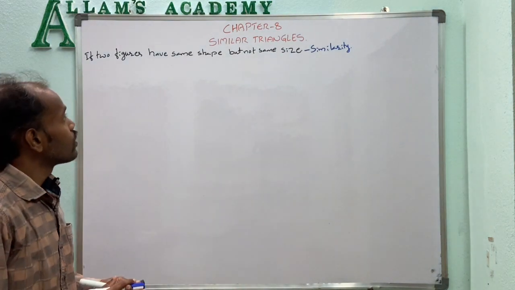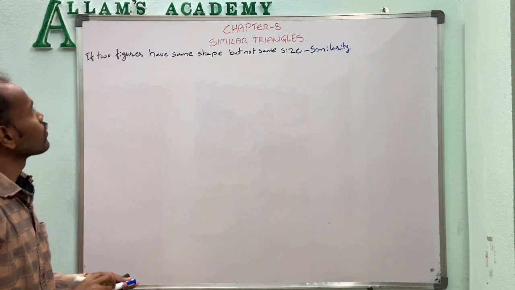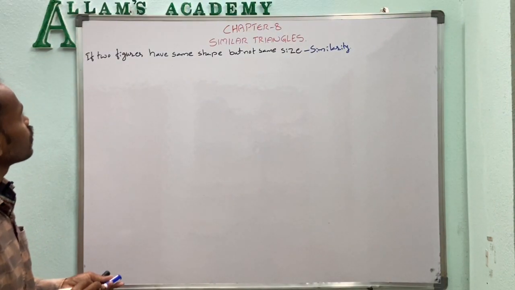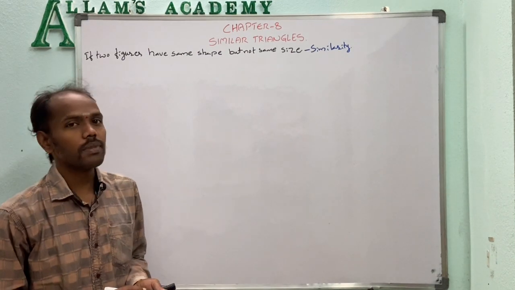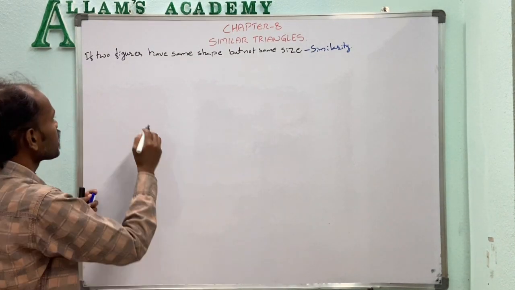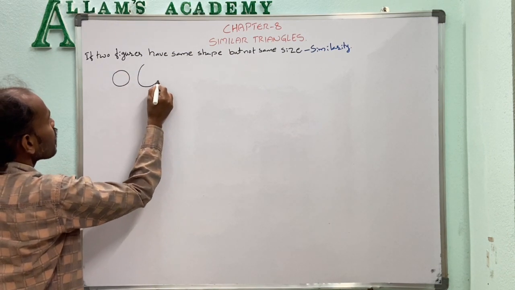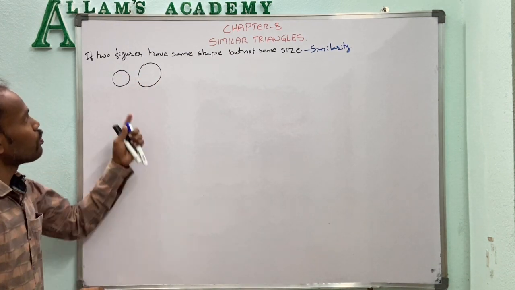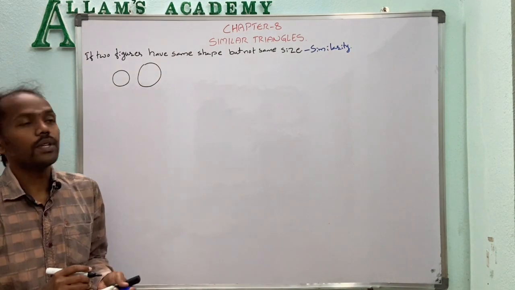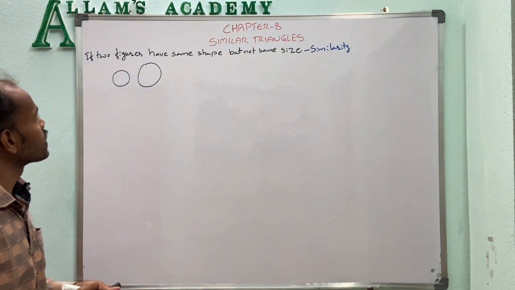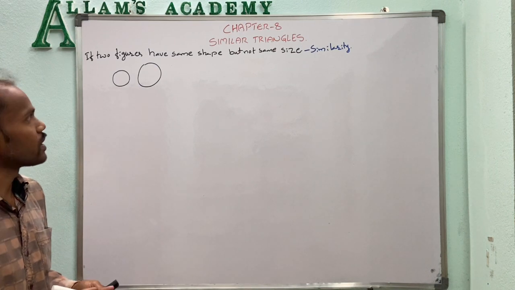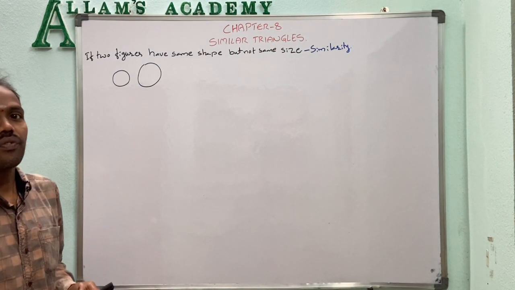Okay, so any two figures that have the same shape but not the same size. If we take two circles with different radii, both have the same shape but their size is different, so they are similar figures.